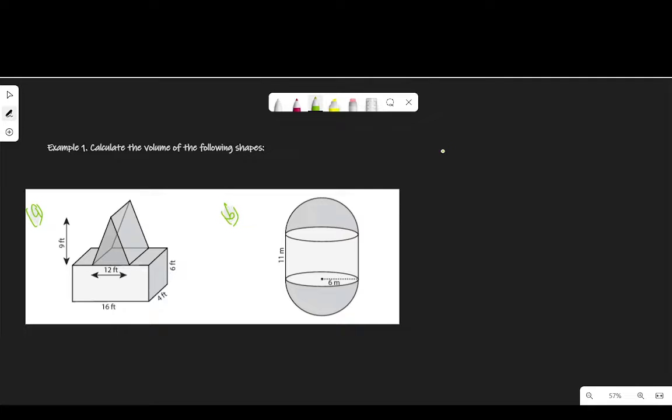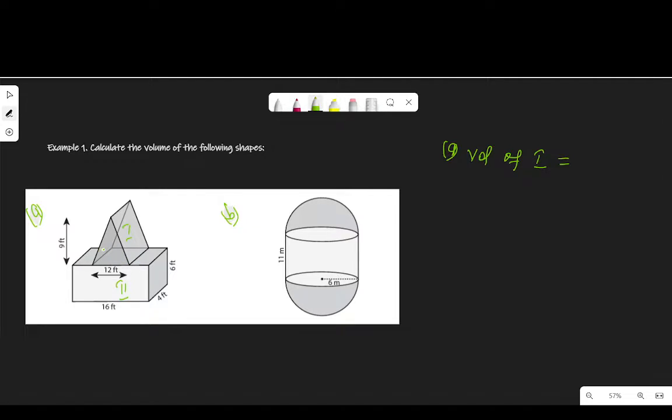So let's start with the volume of the prism on top. Let me call it prism 1, and let me call this one 2. So volume of 1 is a rectangular based prism, and from our previous class where we learned how to calculate the volume of a prism, we usually multiply the area of a uniform cross section by the height of the prism.